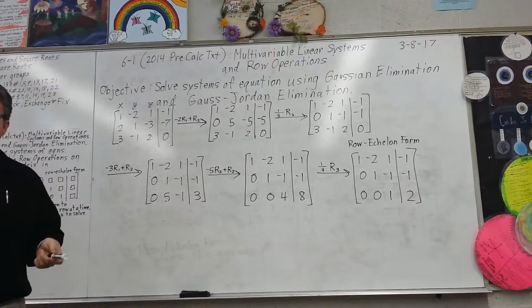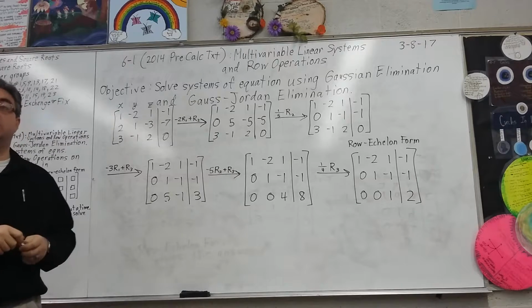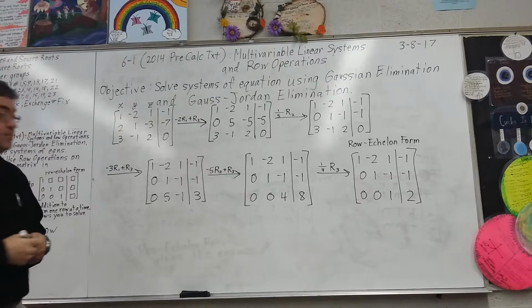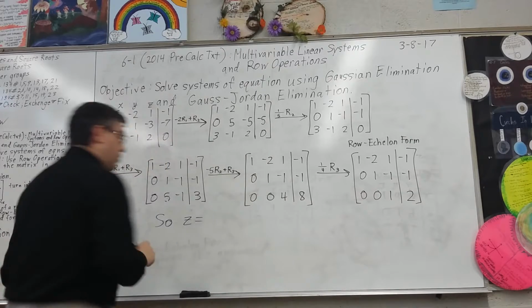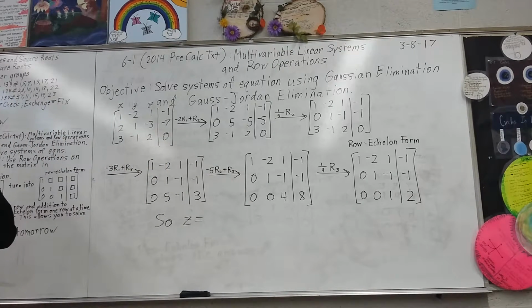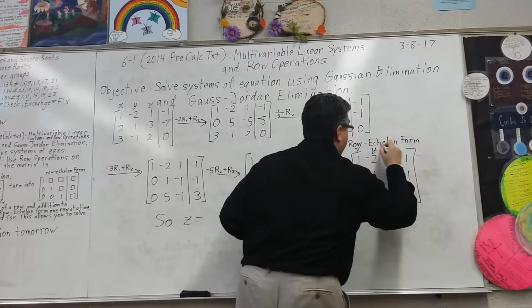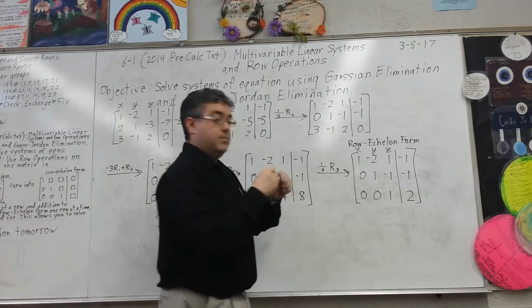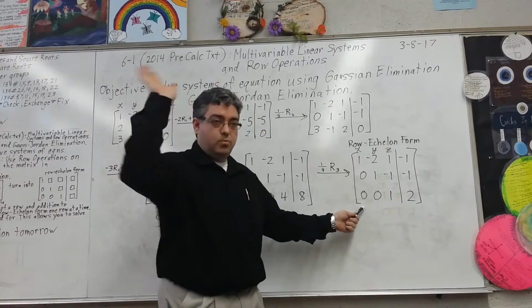And this tells us what z equals. So what does it equal? What does z equal? 2. And here's why. This is the x column, this is the y column, this is the z column. X is 0, so we can ignore it.